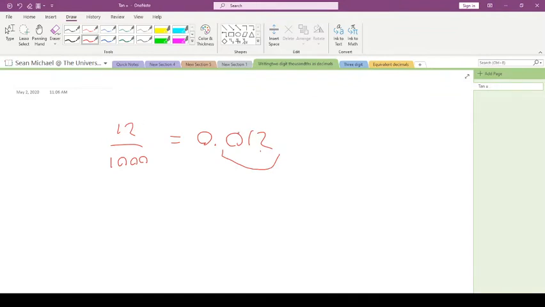Basically, we need a total of 1,000 to fill up, to make a whole. And this would only be 0.12, right? The reason for that is that this is a tenth, so this is like a hundredth in this case.